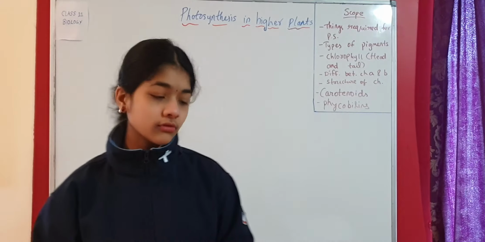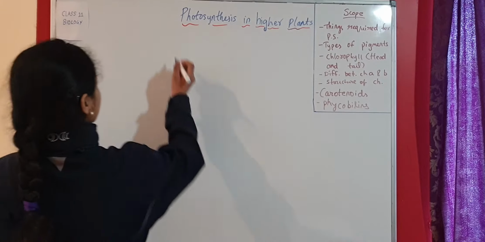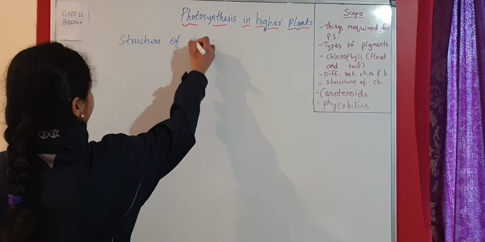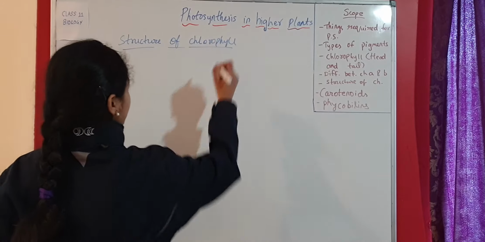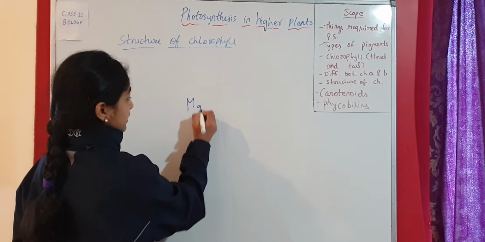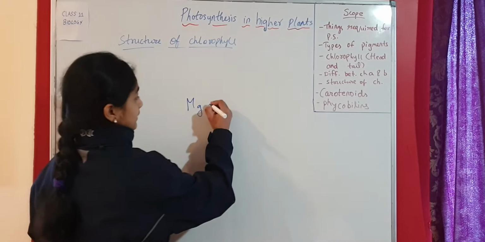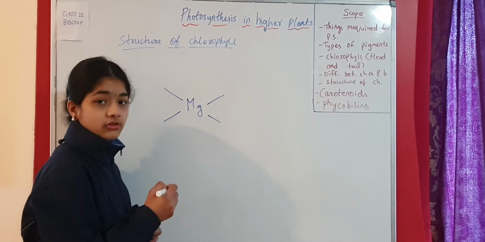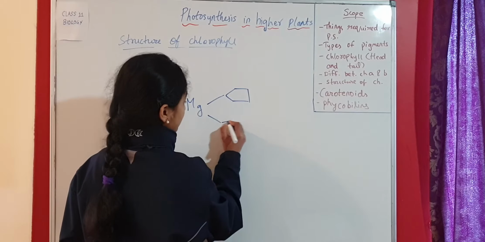Coming to the structure of chlorophyll. Now, the first thing, it has a magnesium here. So, a magnesium in the middle, and attached to this magnesium are some nitrogen rings, like that.